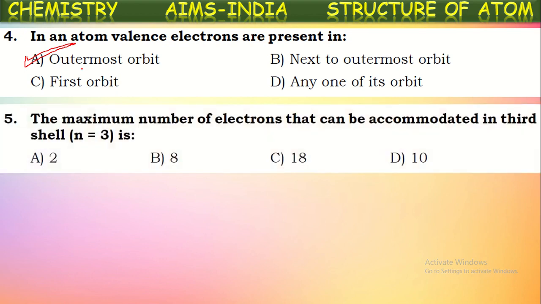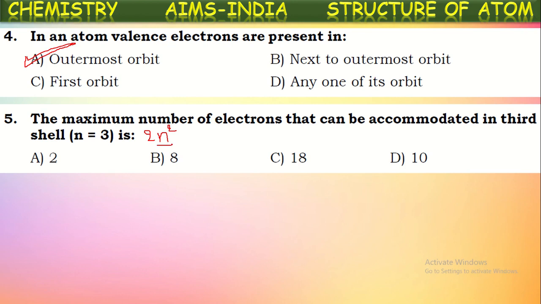Next one, the maximum number of electrons that can be accommodated in the third shell. How many electrons can be accommodated in the third shell for any atom? So Bohr and Bury together proposed a formula to find the number of electrons that can be accommodated in a particular shell for the atom. That is 2n square, where n represents the number of the orbit.